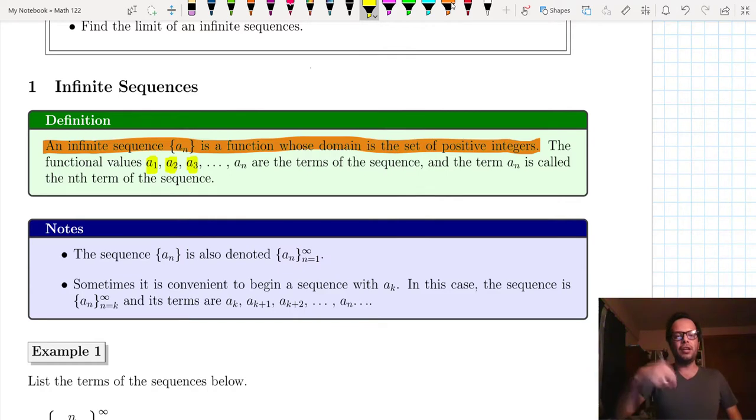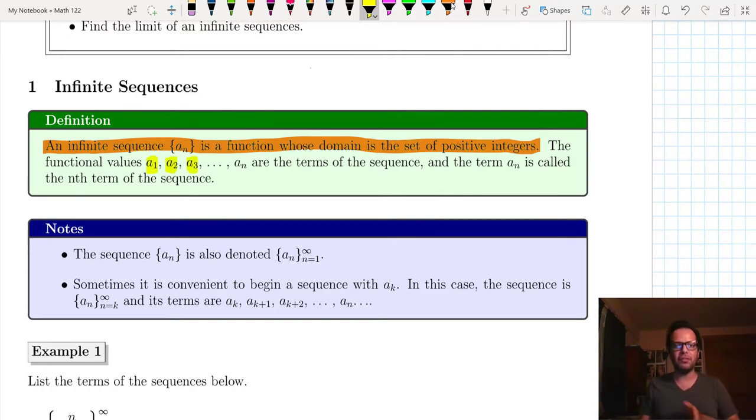That is the number of the element, or rather the term that belongs to the sequence, like the first term, the second term, the third term, the fourth term, etc. That's why the domain is only positive integers, because there's no such thing as the half term or the 1.5th term.